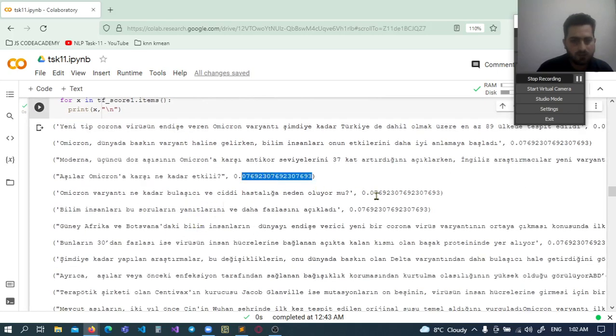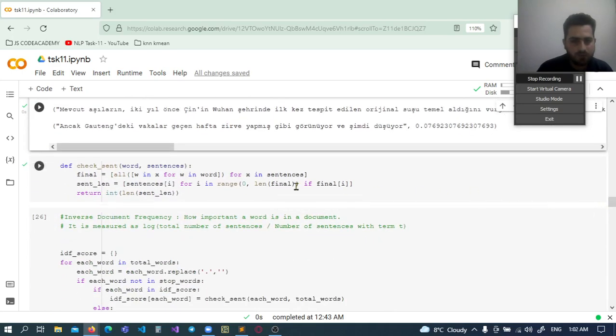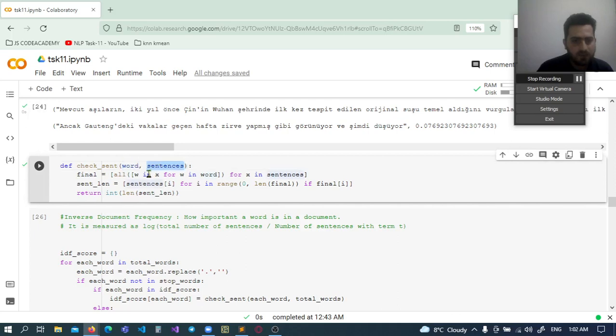As you can see here, for each sentence, the average of frequency. Then in this function, we are taking a word and the sentences in our text.